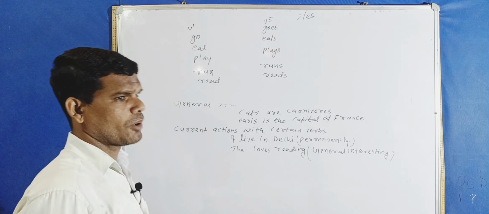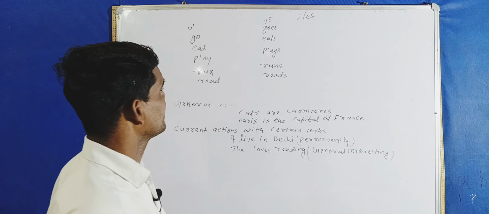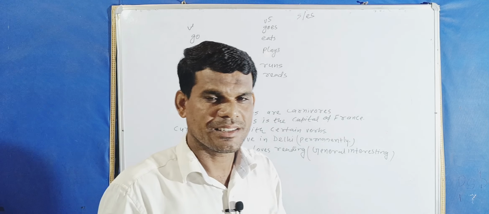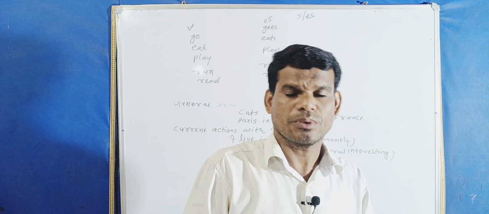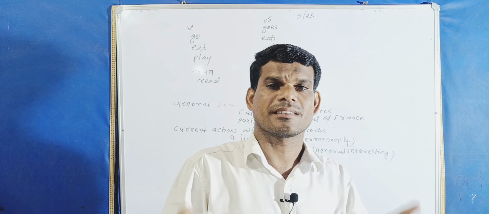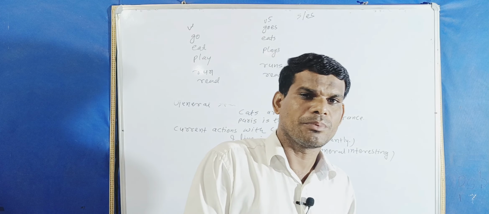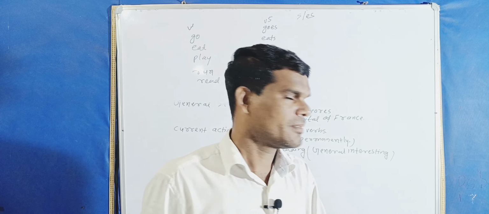Point to be noted that when the letter s or es is added at the end of a base form of a verb, that verb becomes verb 5.